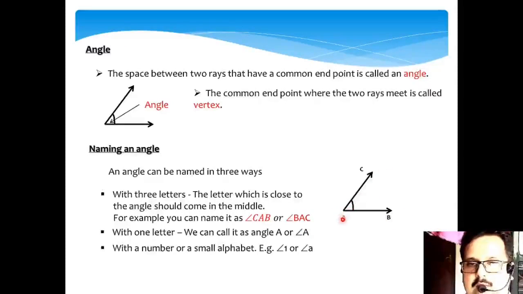Sometimes you can just call this letter A as the name of the angle and you can write it as angle A, or you can write angle 1 or angle A. Any alphabets you can give there. While writing the names, it should be small letters or small letter alphabets. You can give number or small letter alphabets. So these are the basic things about angles and naming an angle, and the detail we will see in the next class. Till then, thank you.